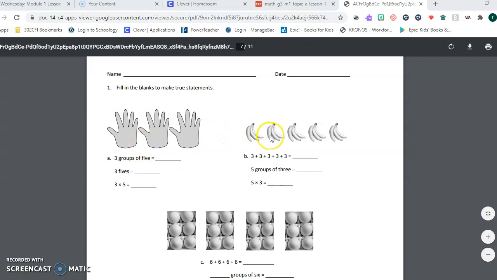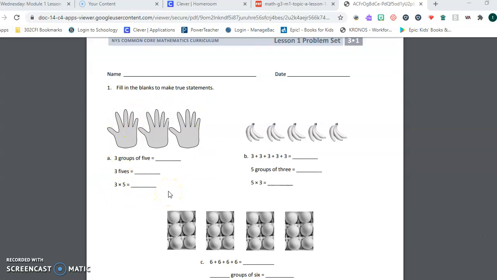If you look over to item B, we've got a picture and it starts with a repeated adding equation where they give you 3 over and over and over again. So we're going to work our way through this, and I'm going to talk about a few examples, and then I'm going to turn you loose to do the assignment on your own.